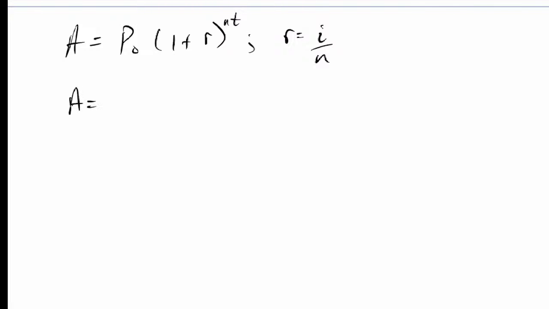For compound interest, you have A equals P naught times 1 plus r over n, to the nt, where r is your annual rate of interest divided by the number of compounding periods. And then the other one is your continuous growth, which will look like this. So you have to know both of those formulas on your own for the exam.